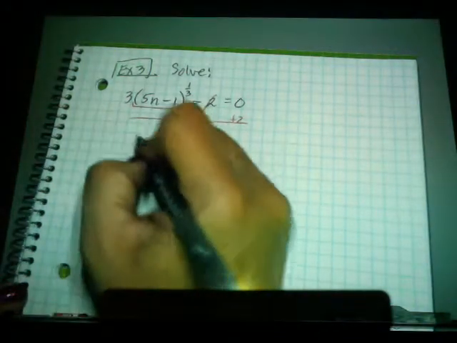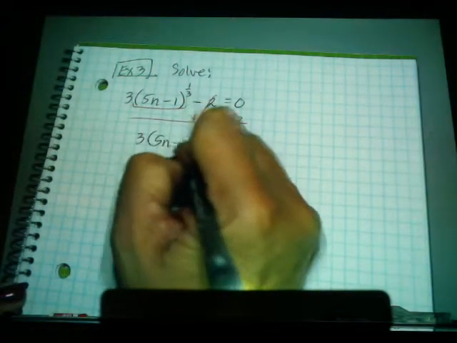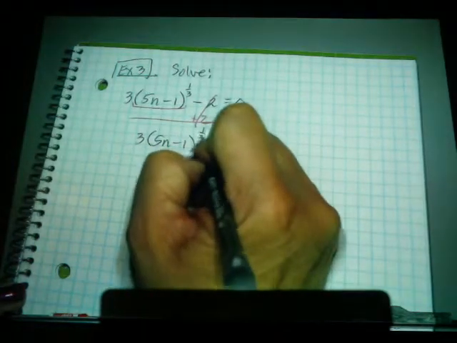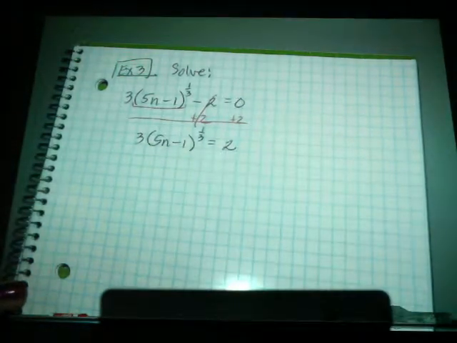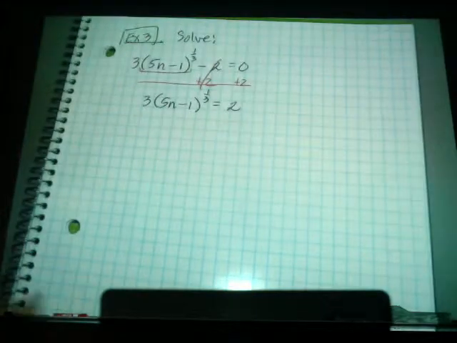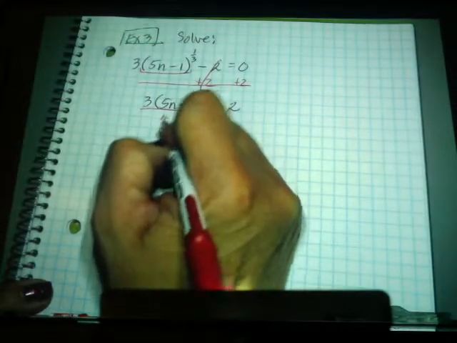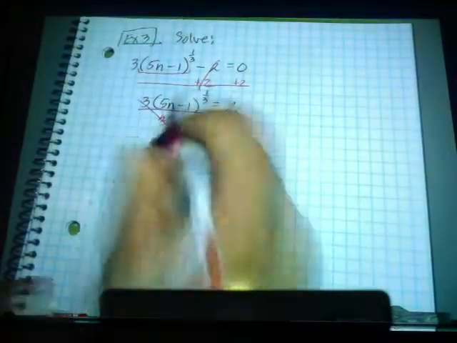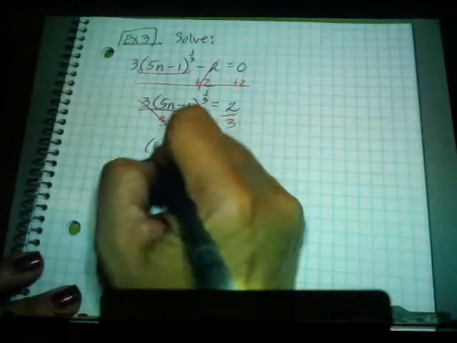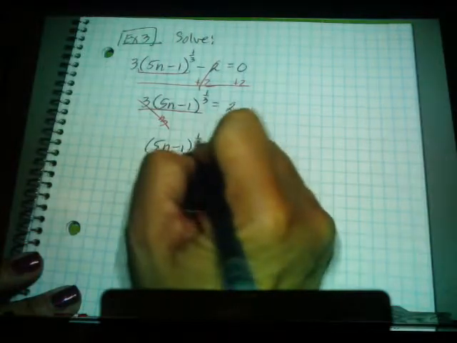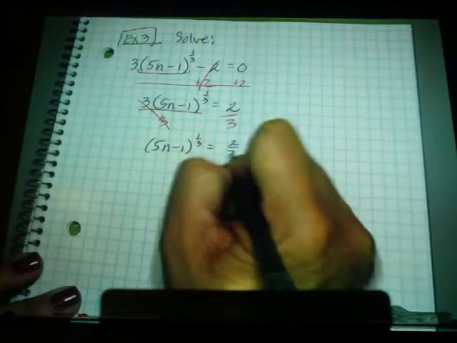So now I have 3 parentheses 5n minus 1, that raised to the 1/3 equals a positive 2. Is it by itself yet? Nope. It's being multiplied to this, so I need to divide. And so now I get 5n minus 1 to the 1/3 equals 2/3.